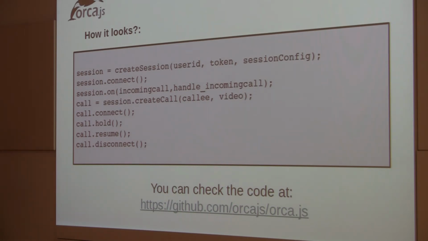If your signaling protocol doesn't use any kind of token, you can send whatever. It can be a dummy parameter. So the idea is to expose a common API. You create your web application once, and you can use it with any gateway.